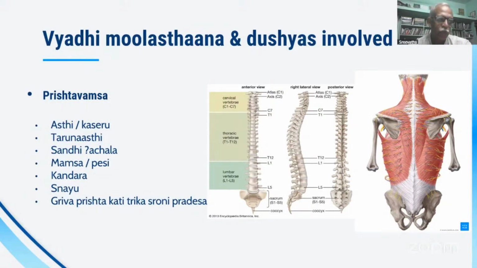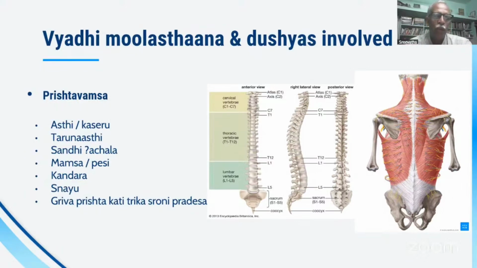There are the snayus or the ligaments, very thick band-like structures, posterior and anterior to the vertebral column. And then we have the Griva, Prishta, Kadi, Triga, Shroni Pradesha, whole. We will have to consider the adjacent places.